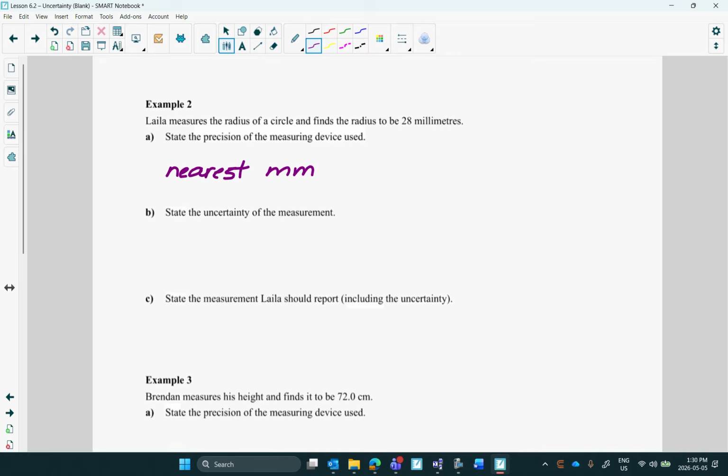How do we calculate the uncertainty? We take 1 millimeter, divide 2, and that gives us 0.5. So we would say the uncertainty is plus or minus 0.5 millimeters.